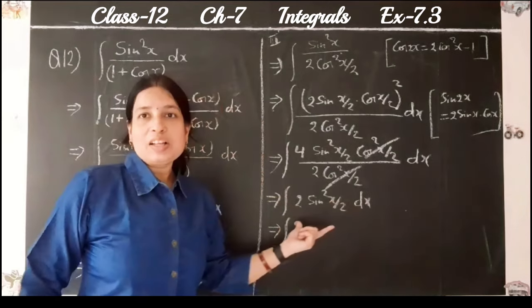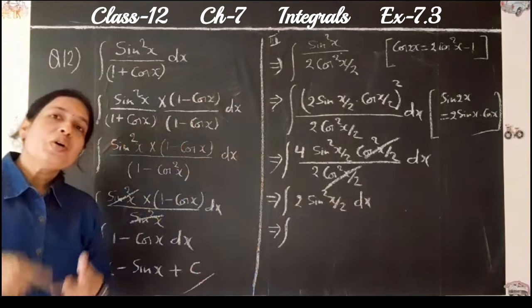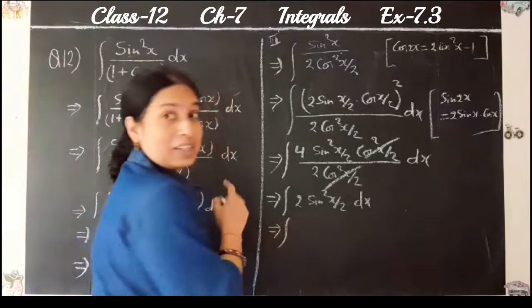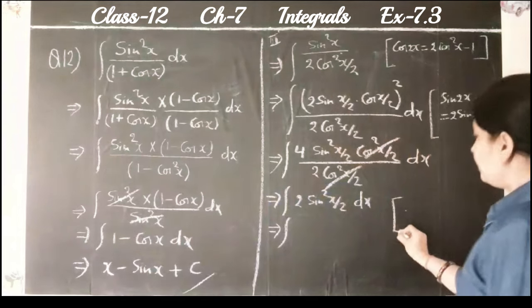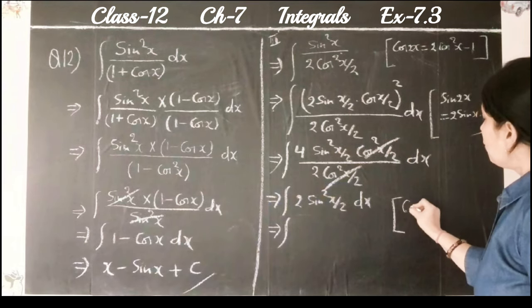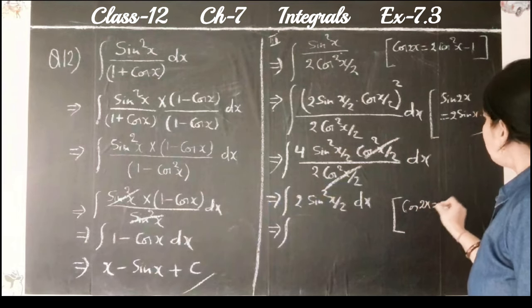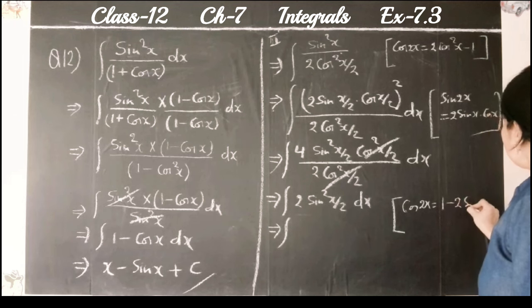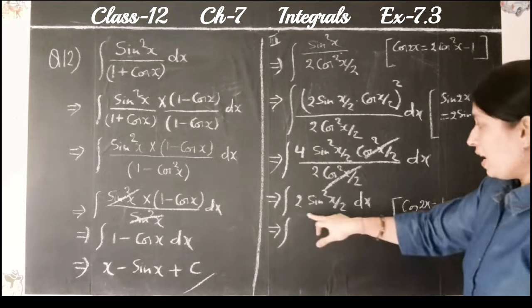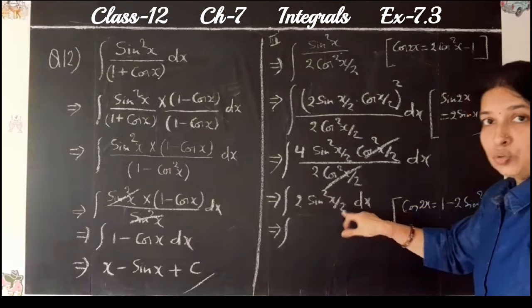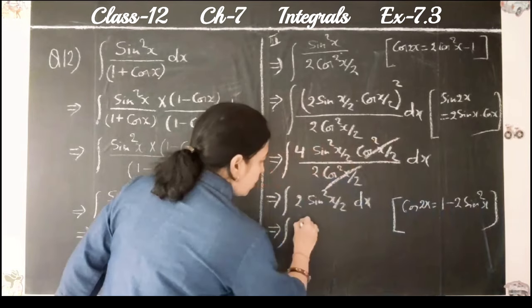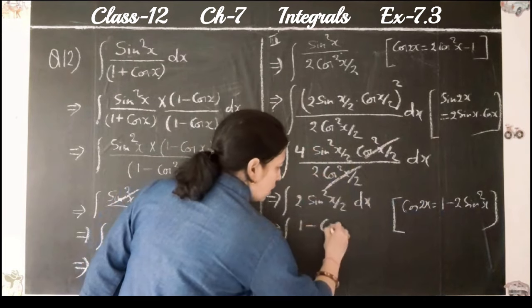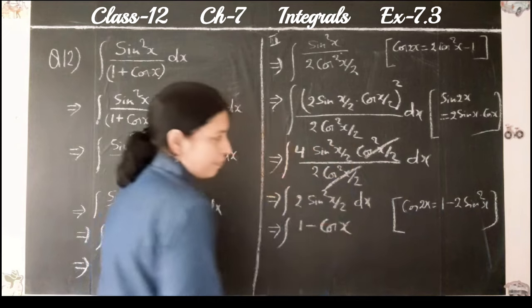Again, in place of 2 sin square x by 2, what can we write? Here, write the first formula. We know that cos 2x is equal to 1 minus 2 sin square x. Here we have sin square x by 2, so it will be 1 minus cos x.